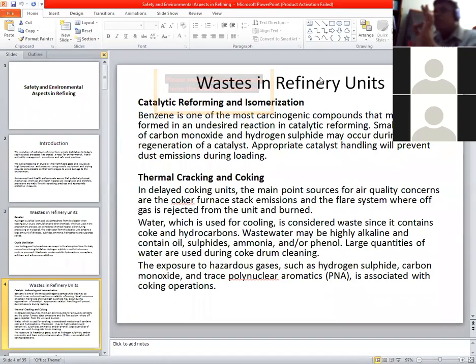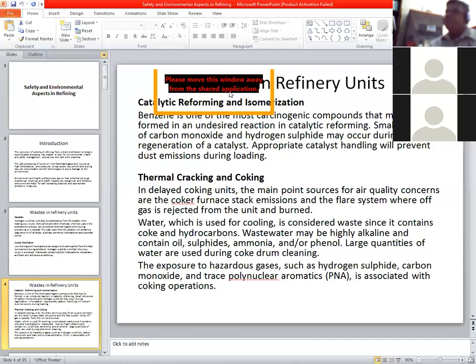Some particulate matter, or some catalyst, can escape to the environment during the loading and unloading activities, which is also due to dust pollution. So these are the things from the catalytic reformer.